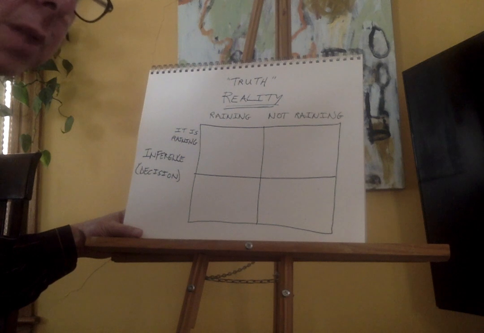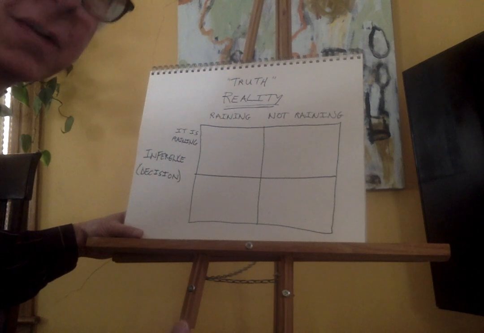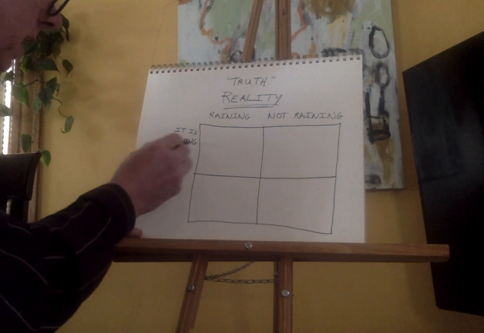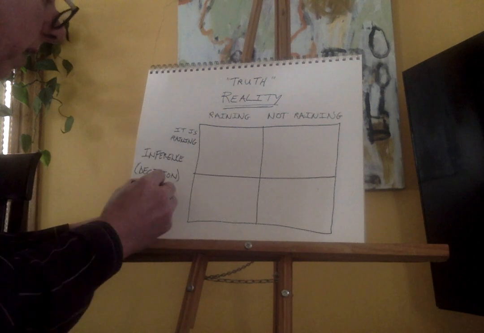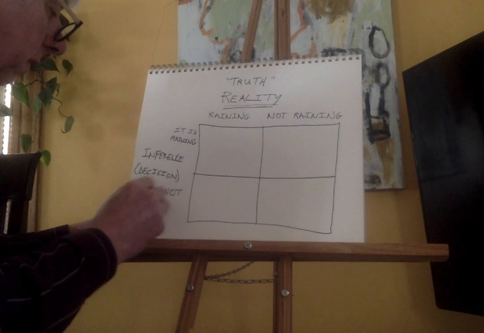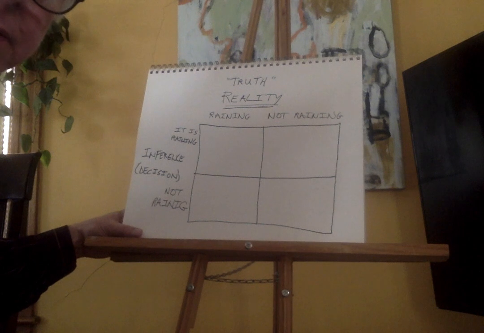Okay? So if you say, I don't know, of course you don't know. You're trying to make an inference, okay? So one of the possibilities is to say, yes, it is raining. And the other possibility is for you to guess that it's not raining, okay?